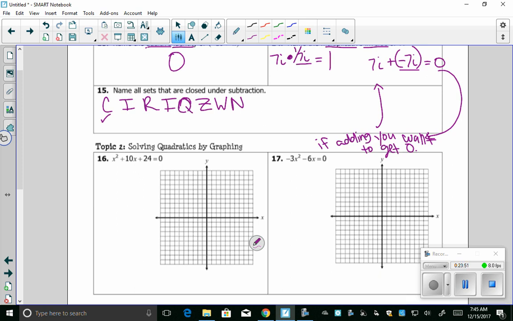Imaginary number, 3i minus 2i, and I get i. Well, that's still imaginary, so that checks out. A real number, 2 pi minus pi.